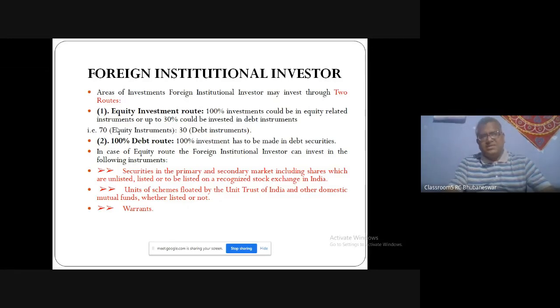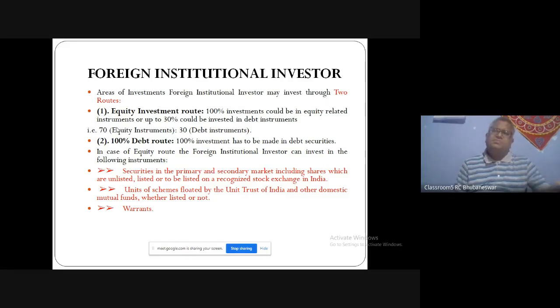They may be individuals, bankers, insurance companies, or any fund organizations. These are called foreign institutional investors. For example, there are different mutual fund companies running their business in India. This is the way they invest money. Or different banks establish their business, and they are called foreign institutional investors.